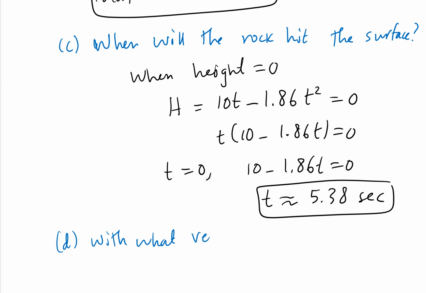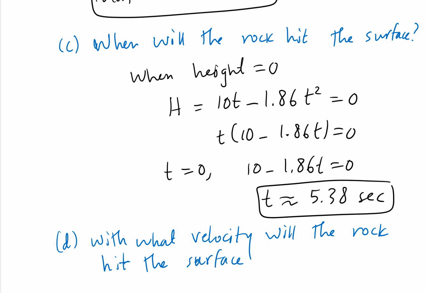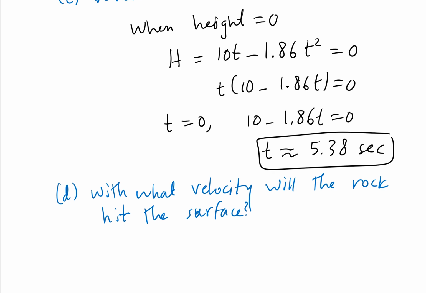With what velocity will the rock hit the surface? Well, we know the velocity is 10 minus 3.72t.